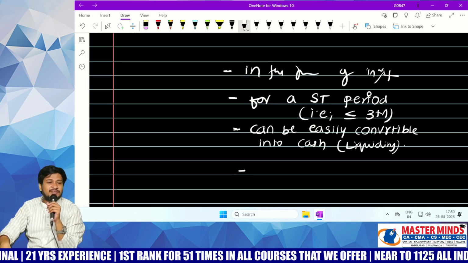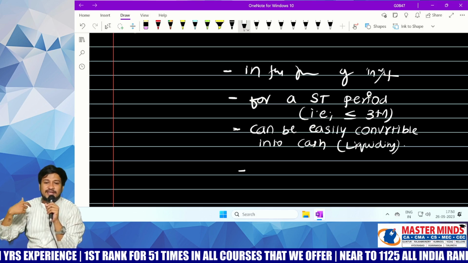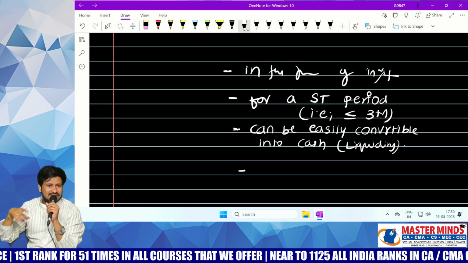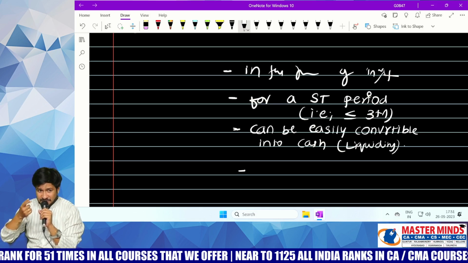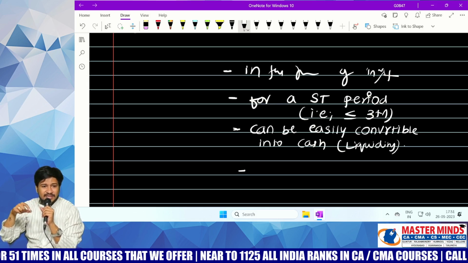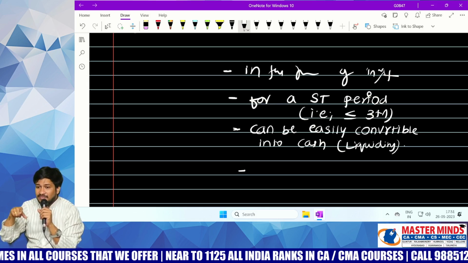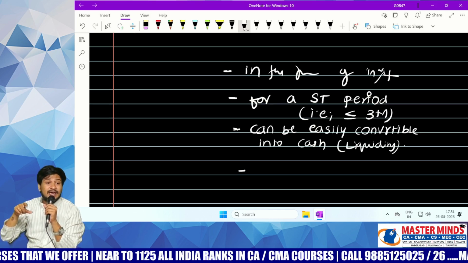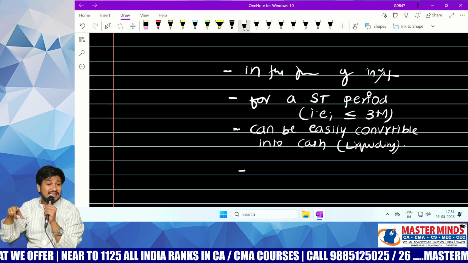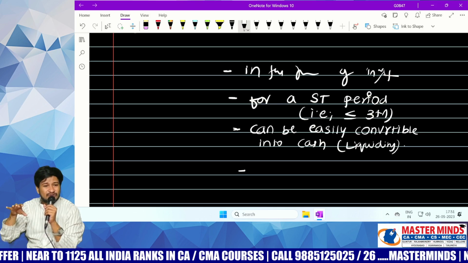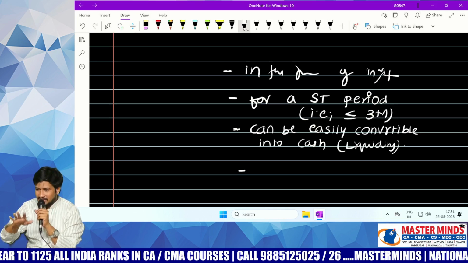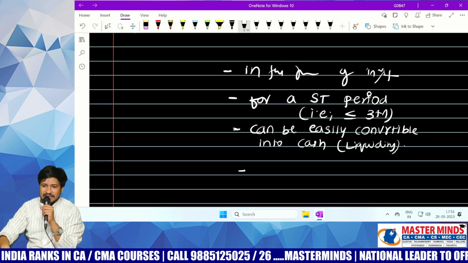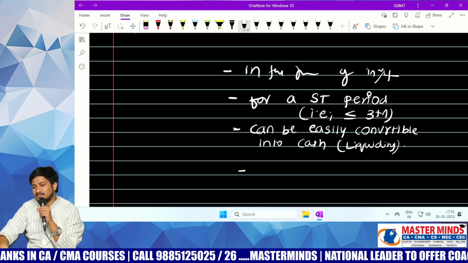So if the period of investment is less than or equal to 3 months, we can tell that they are cash equivalents. But if the investment period is more than 12 months, it is not a cash equivalent. That is the reason I am not making you write whether it is cash equivalent or not. I am telling you the nature. Debentures are generally not actively traded in the market. Clear?